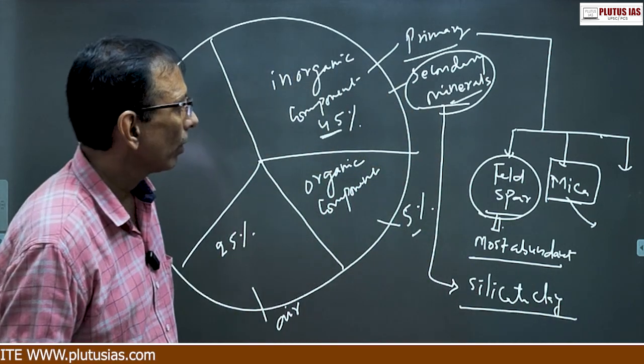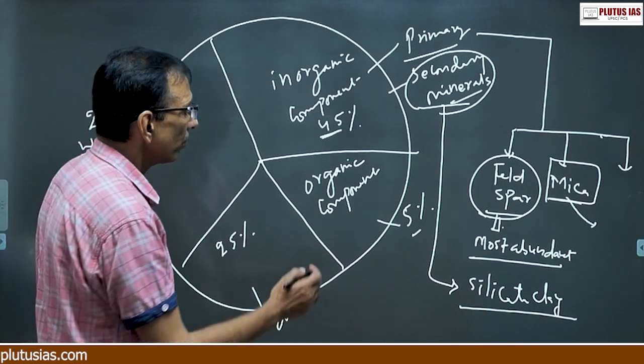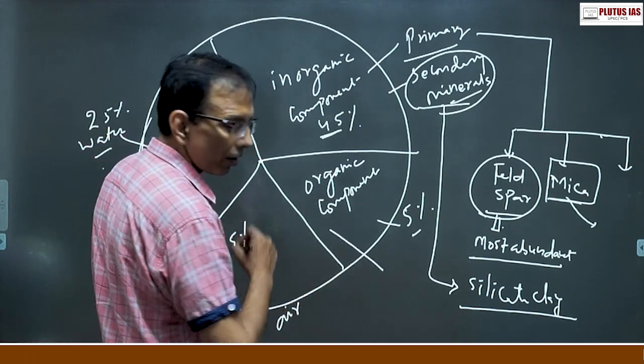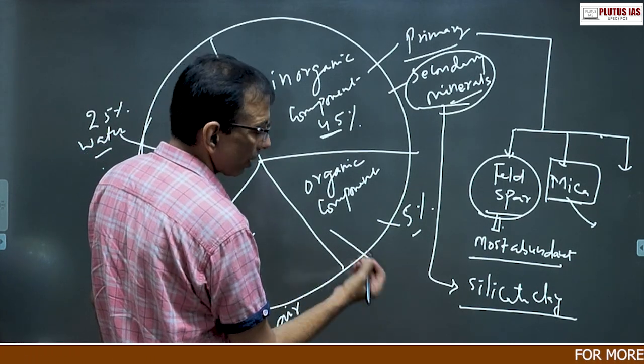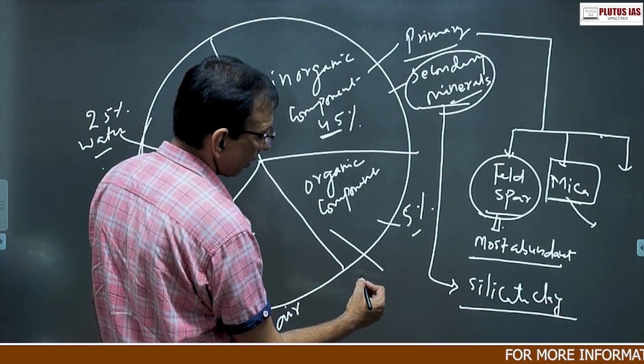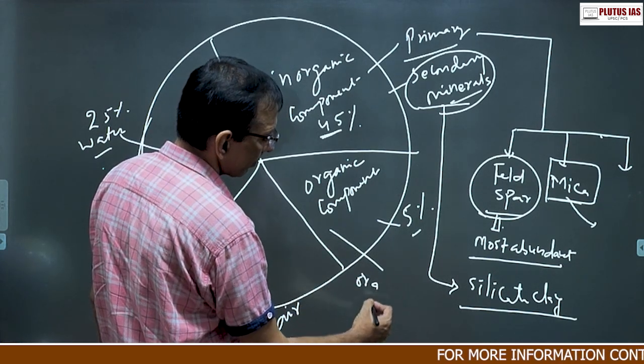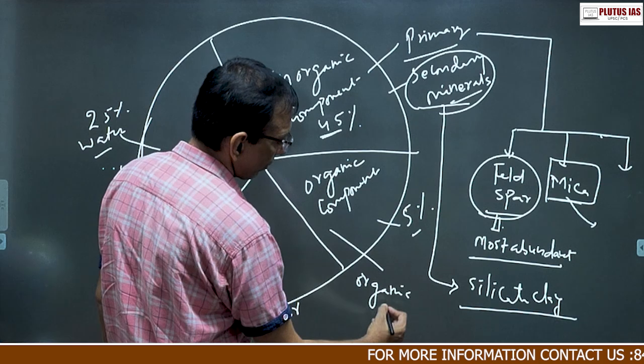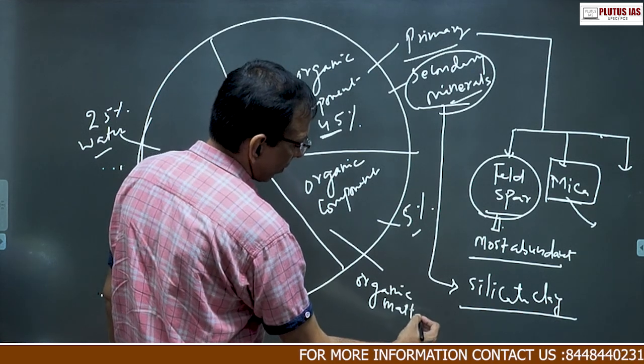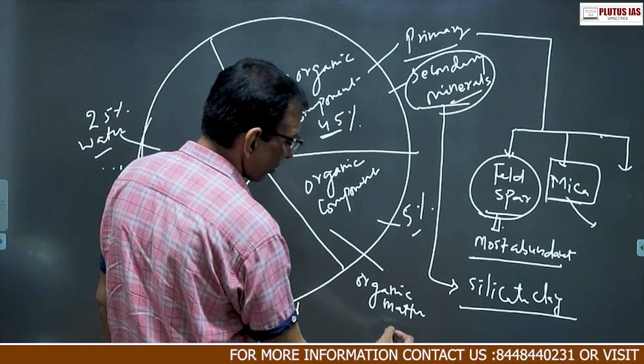Silicate clay. Then if we talk about the organic component, then basically organic components are taken as organic matter and humus.